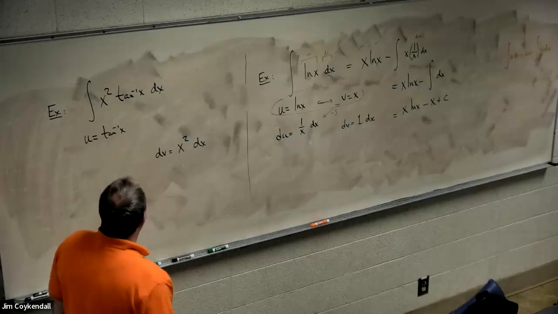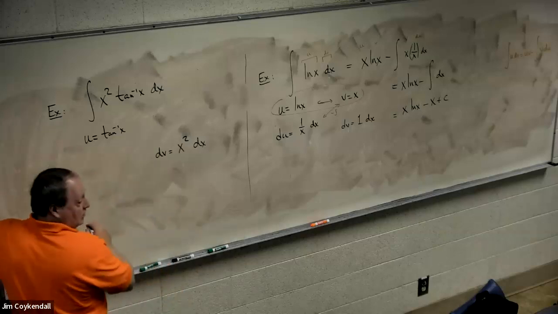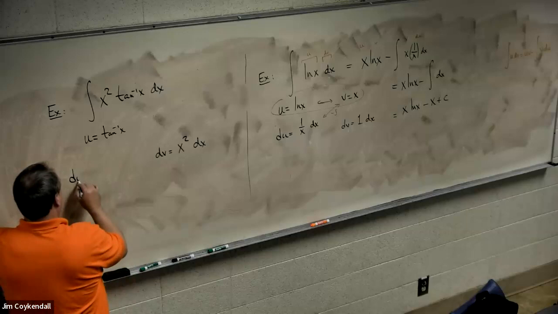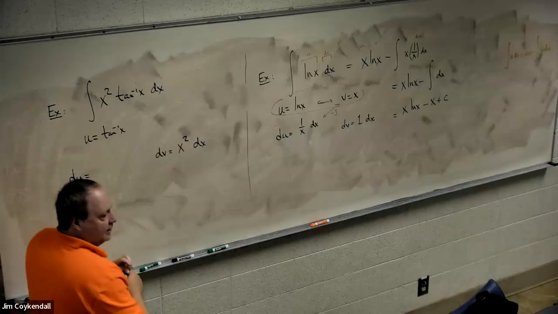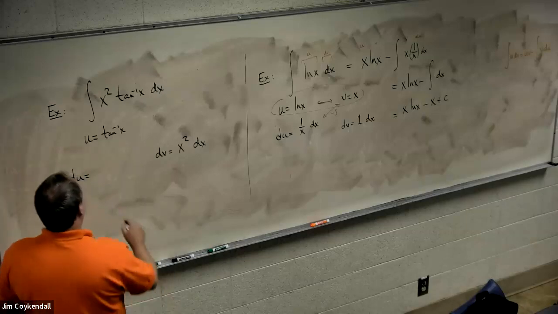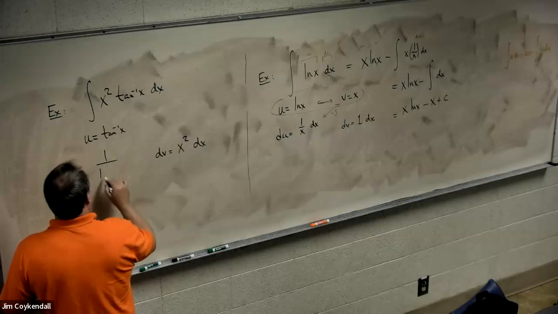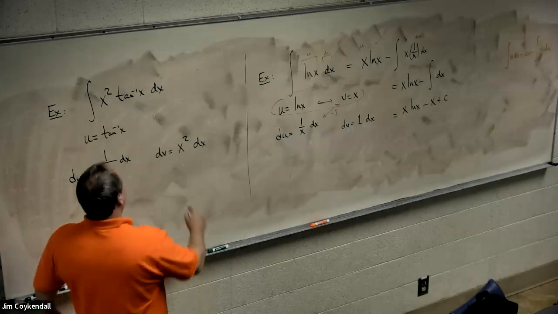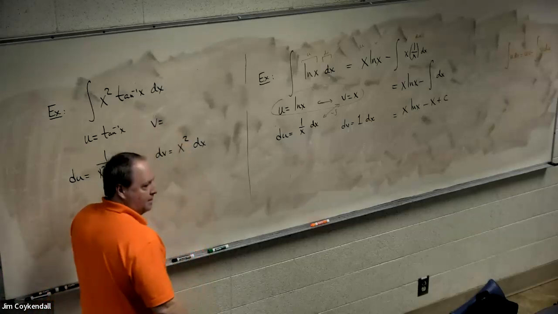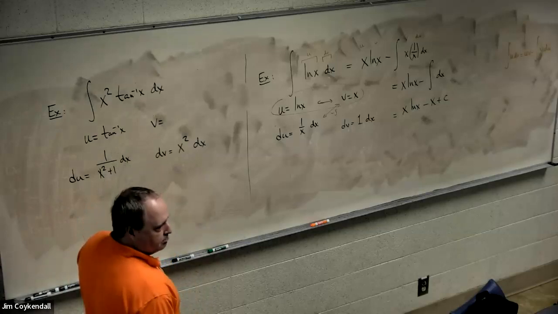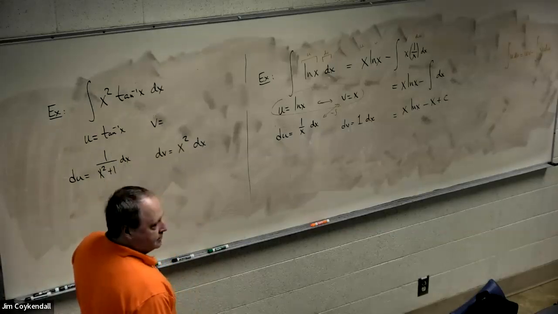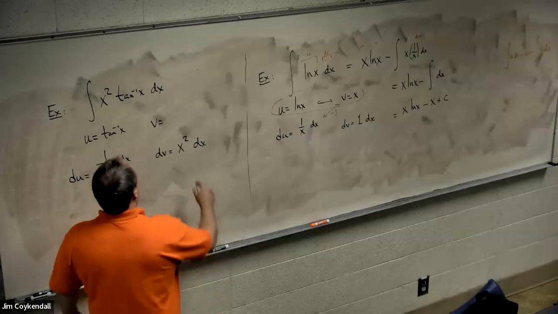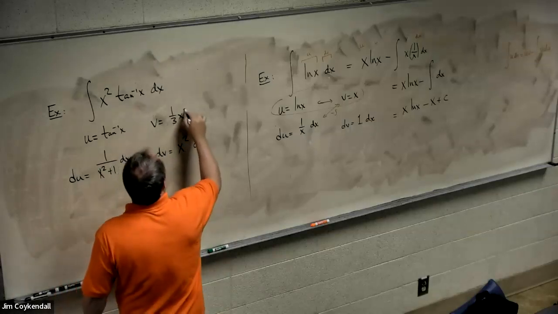So let's figure out what everything is. What's du going to be? What about v? One third x cubed.